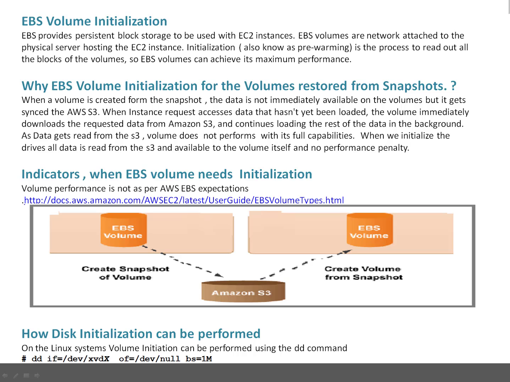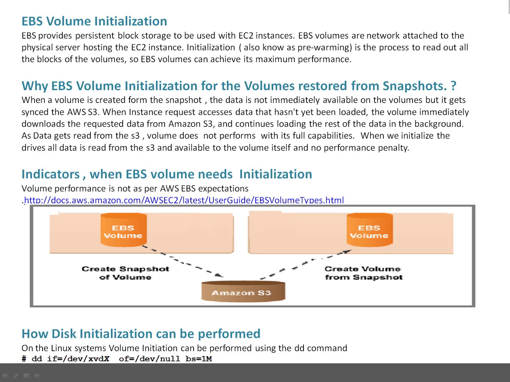Next thing, why EBS volume initialization for the volume restored from snapshot is needed. Whenever you restore or create a volume from the snapshot, the data is not immediately available on the volumes, but it gets synced from AWS S3.